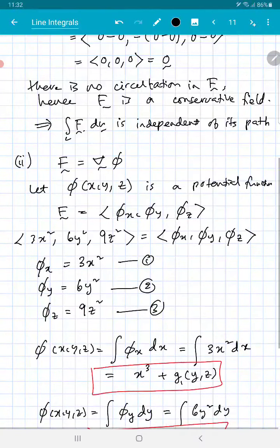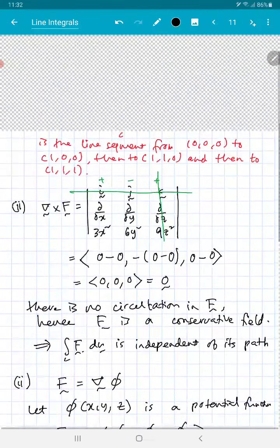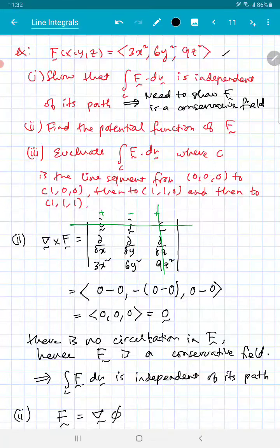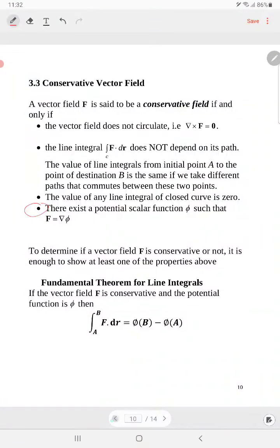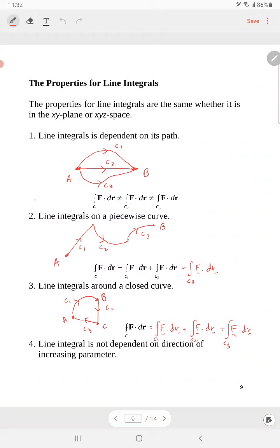Now for part 3, we are asked to evaluate the integral of f dot dr, where C is a line segment. So we have many line segments here, from 0,0,0 to 1,0,0, and then to 1,1,0, and then to 1,1,1. If we want to use line integrals using the regular method, how many line segments do we have to do? This is going to be a piecewise line integral, a piecewise curve, meaning that we have to evaluate on each curve and then add them together.